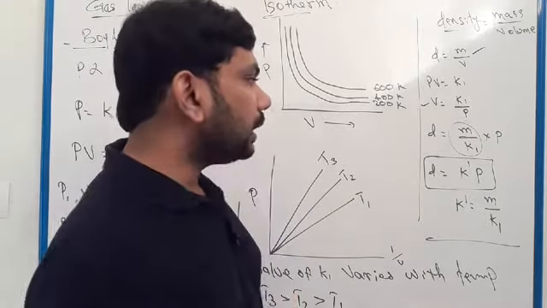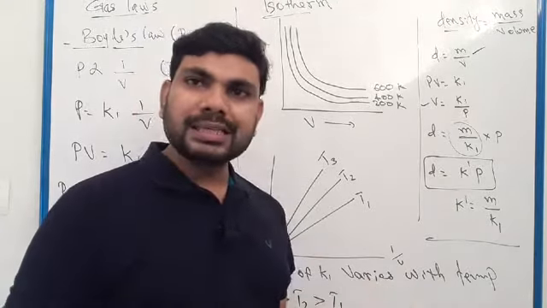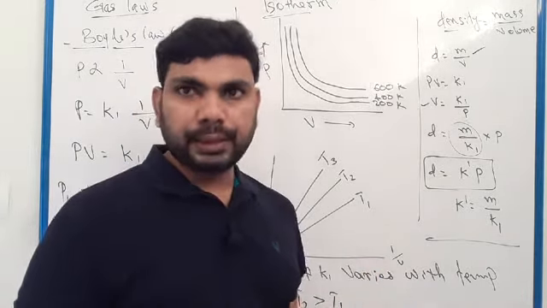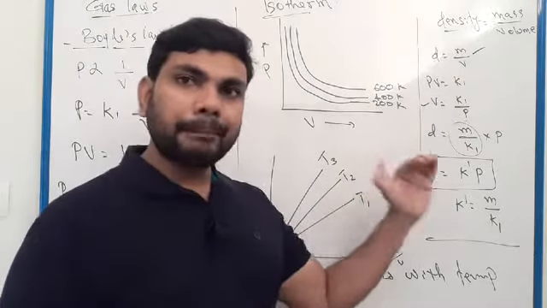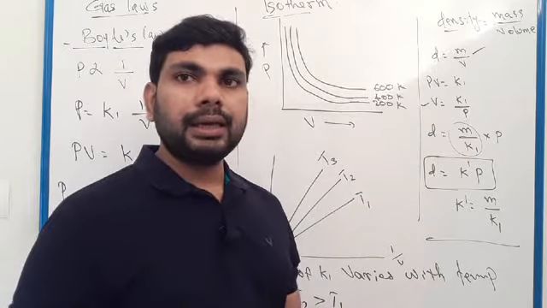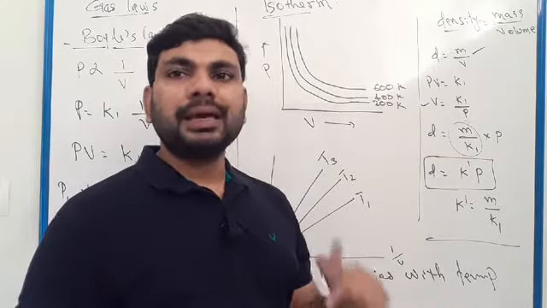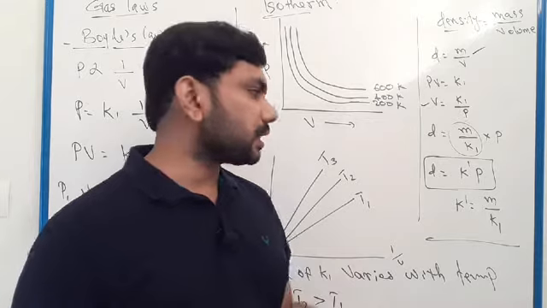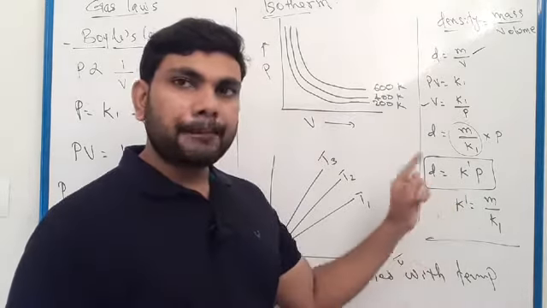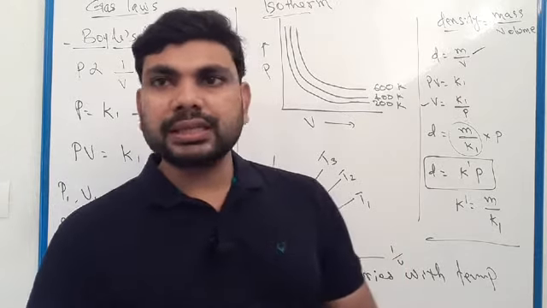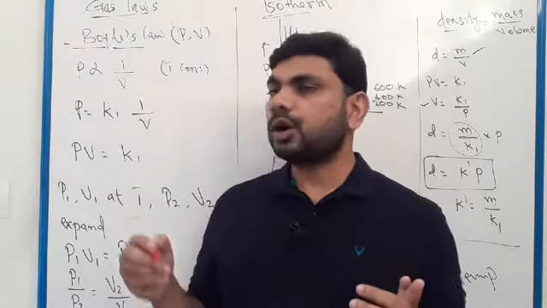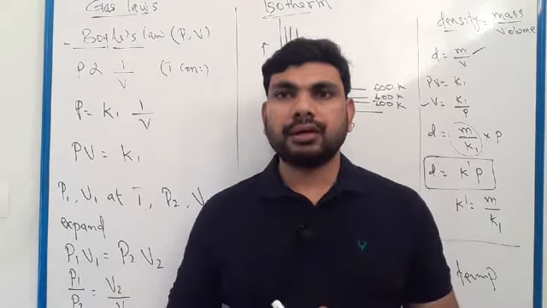So according to Boyle's law, density is equal to K dash P, or M by K1 into P. These are the things we have to remember about Boyle's law. Clear?